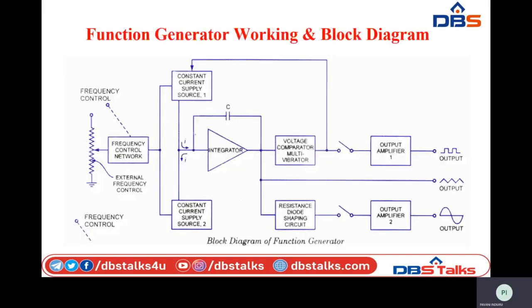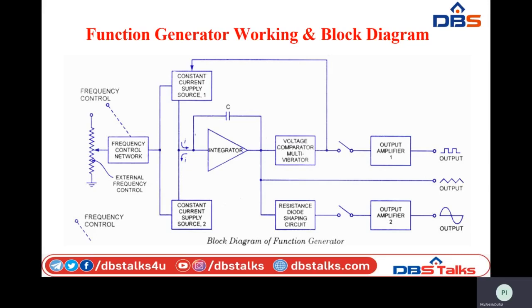Now if you look at the block diagram of the function generator, these are the different blocks present in it. It consists of one frequency control network, with some external frequency control, and then we have two current sources available: one is the upper current source, and the other is the lower current source.